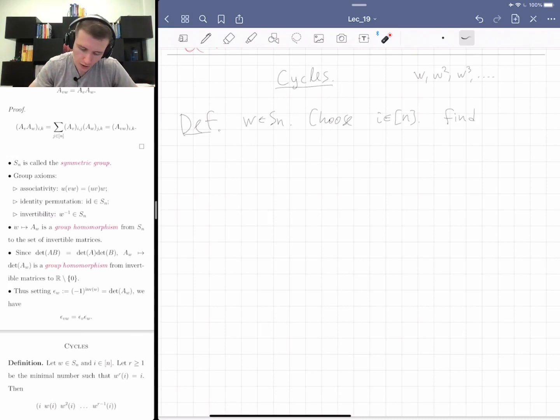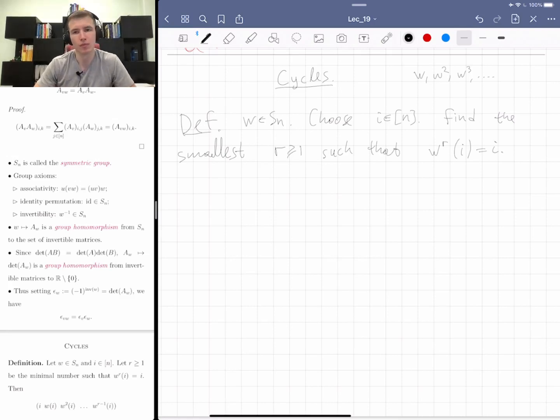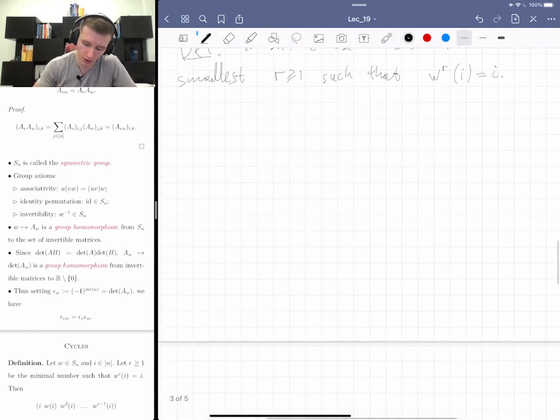Find the smallest r greater than or equal to 1 such that W to the r of I is equal to I. After a while, I is going to return to its original place, because the whole operation is invertible.